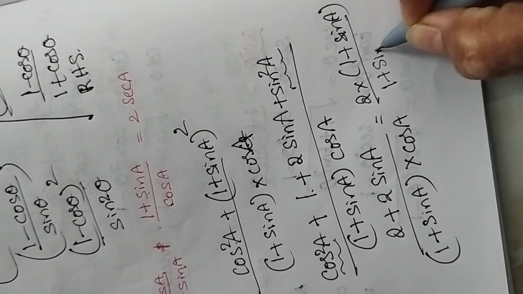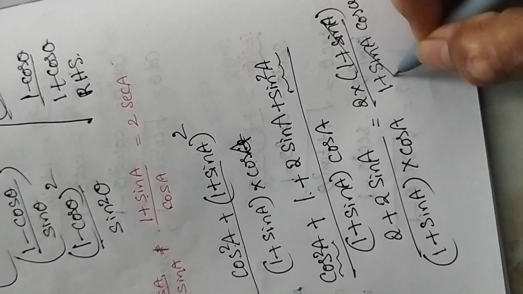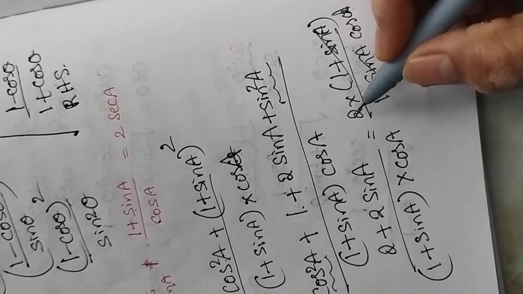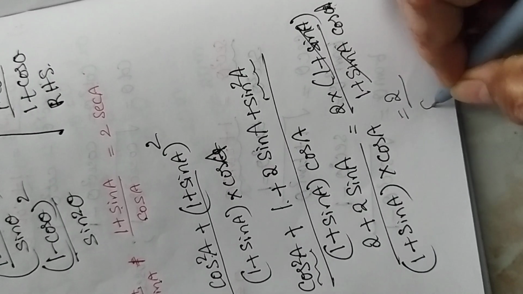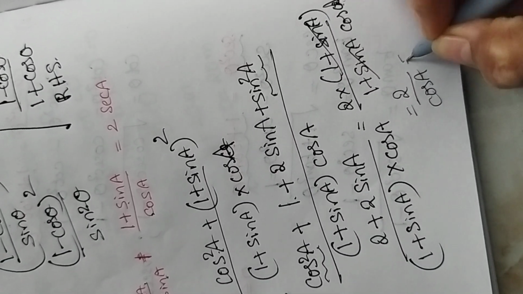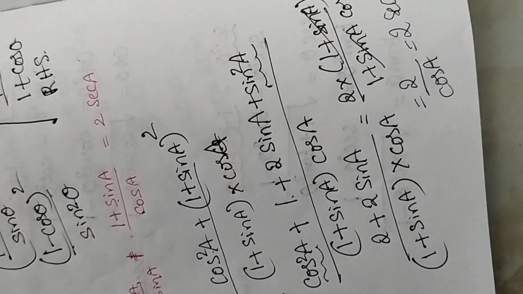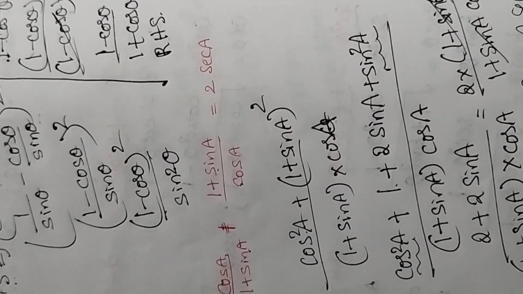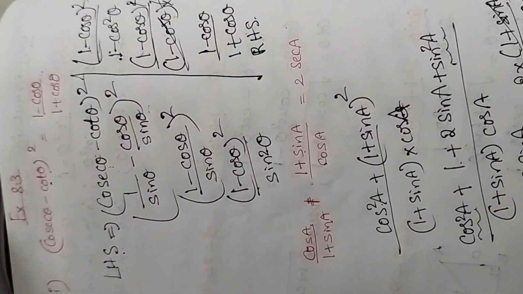So both 1 plus sin a cancel, and you will get 2 by cos a, which is 2 secant a, since 1 by cos a is nothing but secant a. This is about the second one.